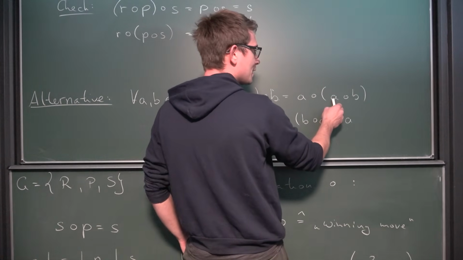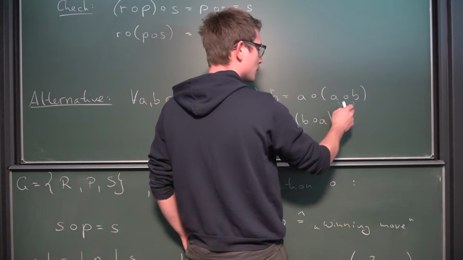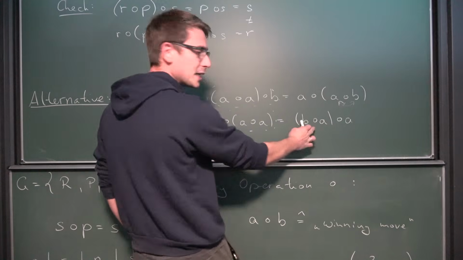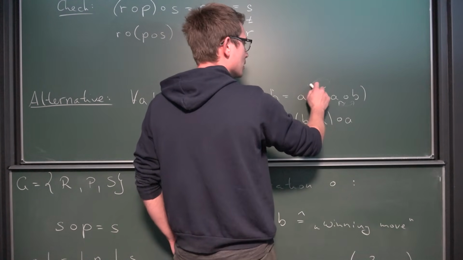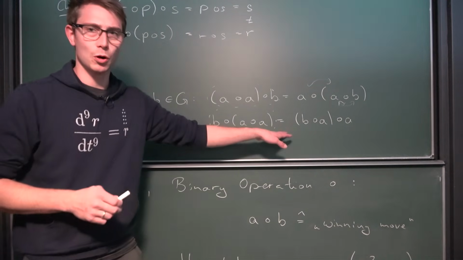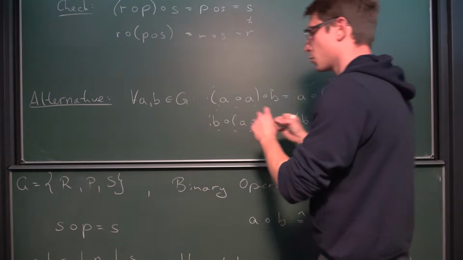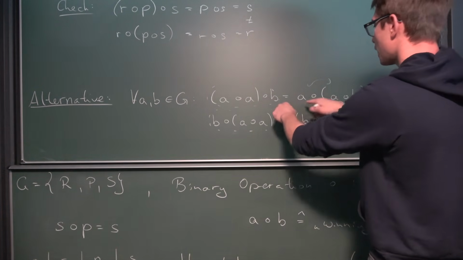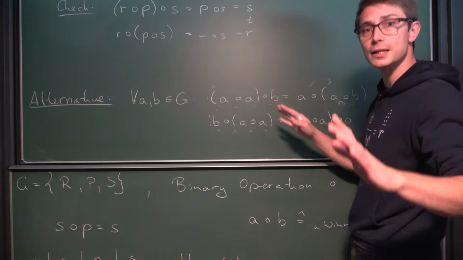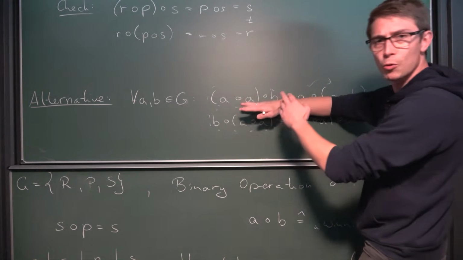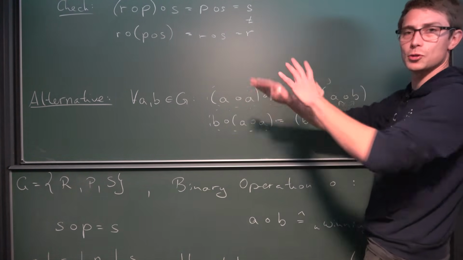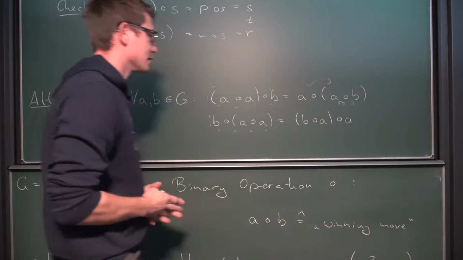Same thing on the other side. If we interchange A with B, we are going to end up with the BA parentheses, and then we can just turn those around and end up with this property down here. So without loss of generality, we can just check for one of those and then we are done. If we can show that the upper one holds, then our whole structure is alternative by definition.